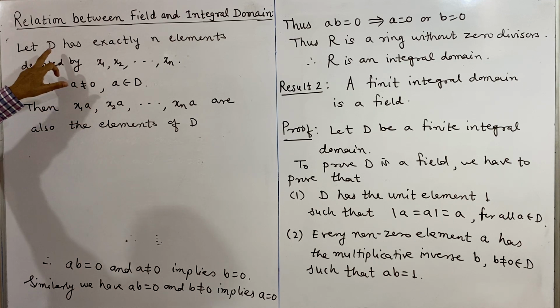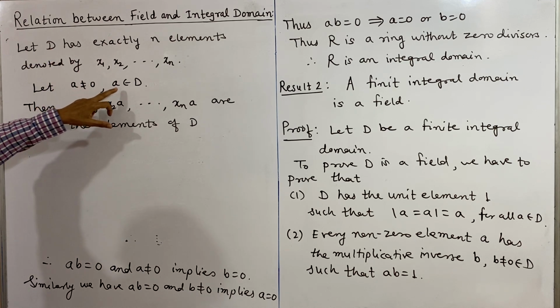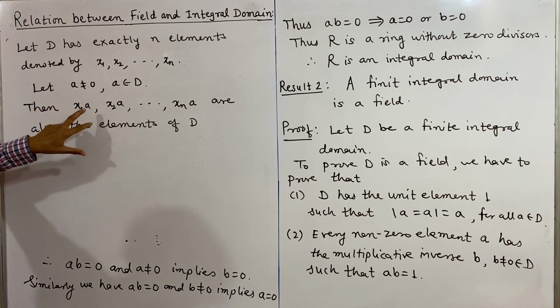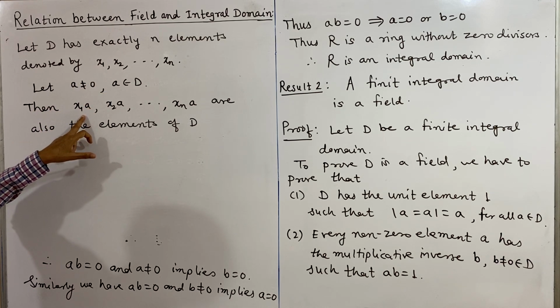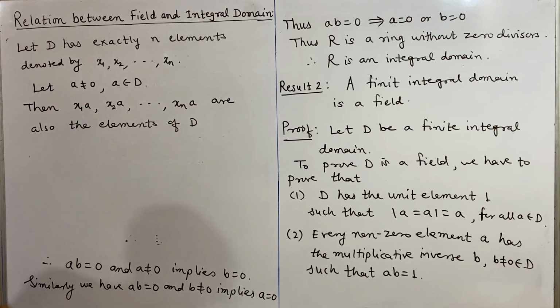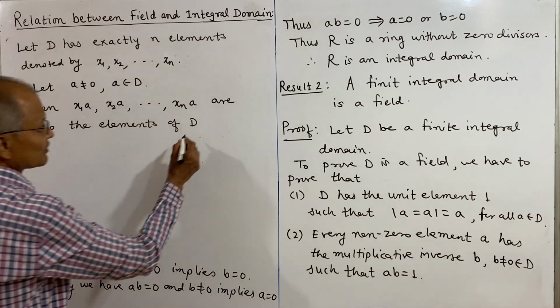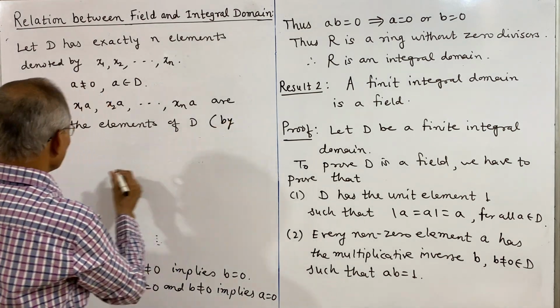Why? x1 is an element of D, A is an element of D, therefore x1 into A is an element of D. Similarly, all these are elements of D. So this is by closure property.